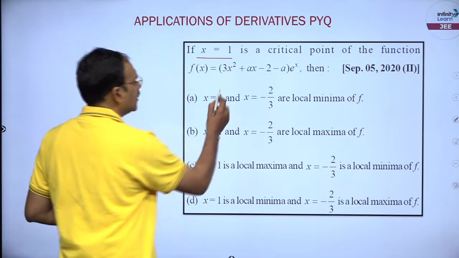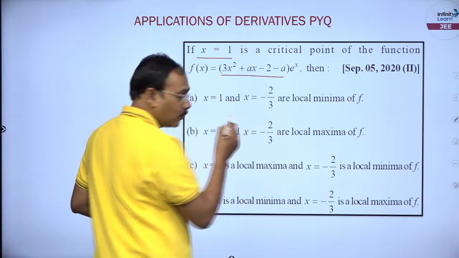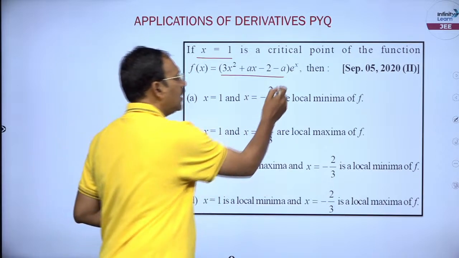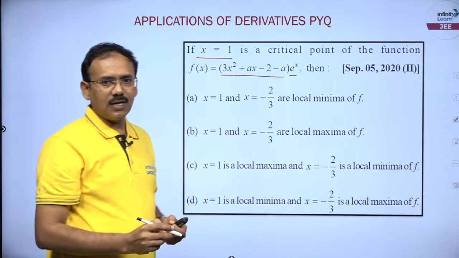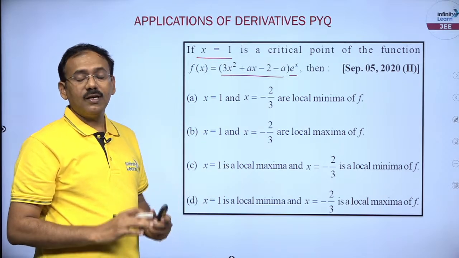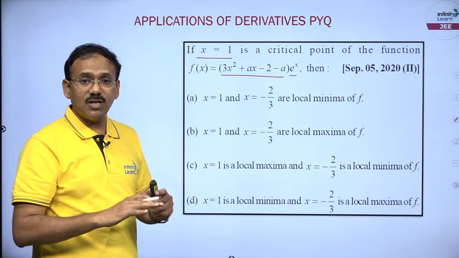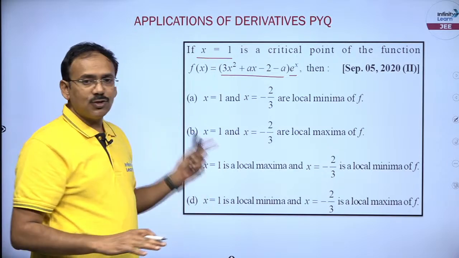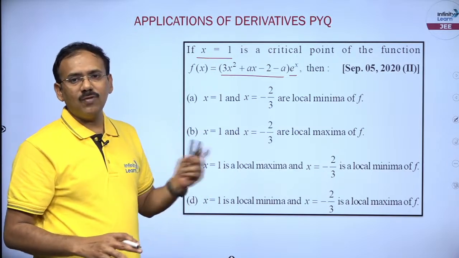But you see, friends, it is a polynomial, a smooth and continuous curve, and e power x is also a smooth and continuous curve. So their product will definitely be differentiable. The derivative not existing question will never arise here. So we need to check with derivative equal to 0.